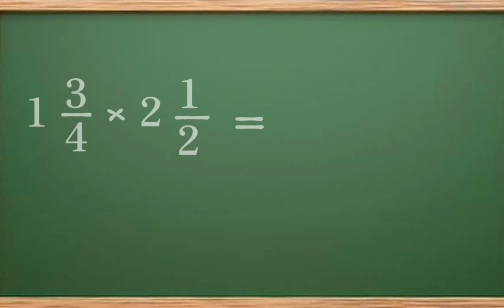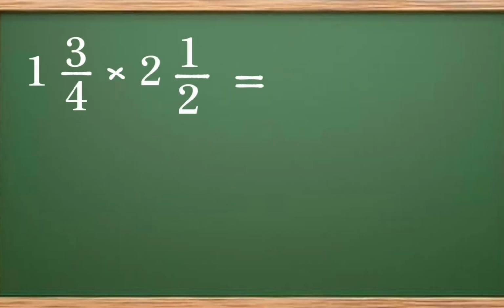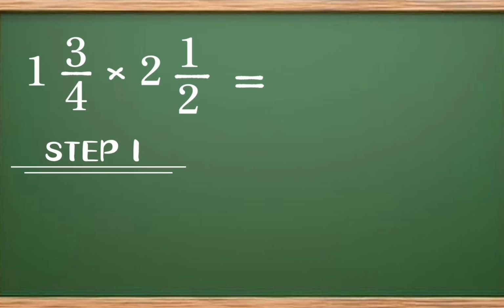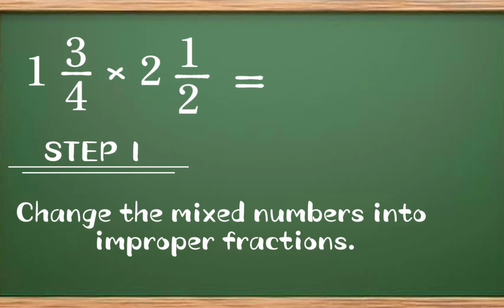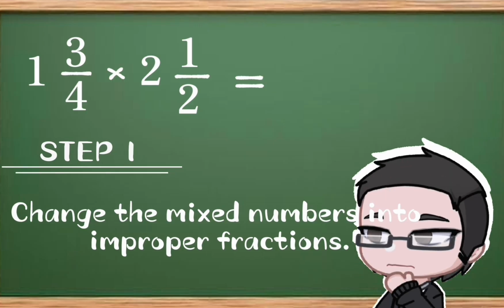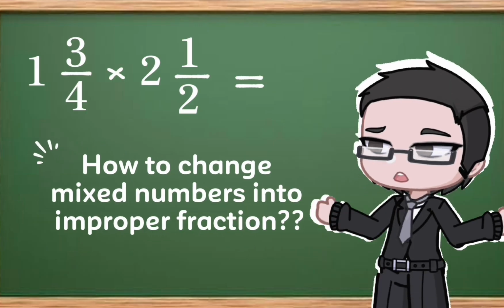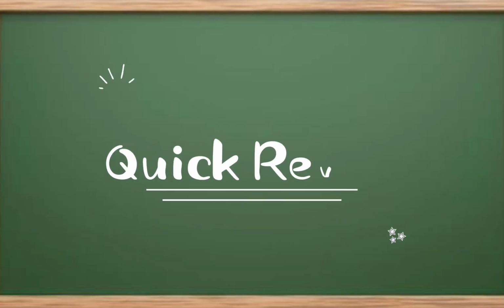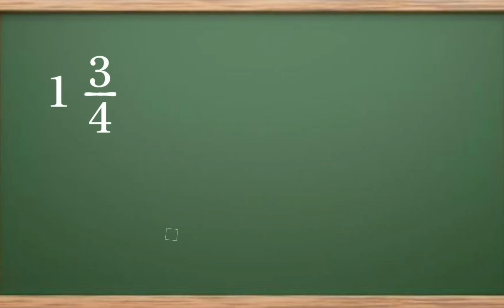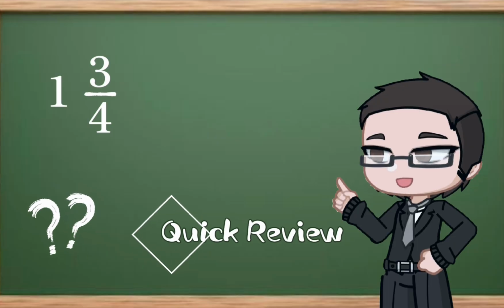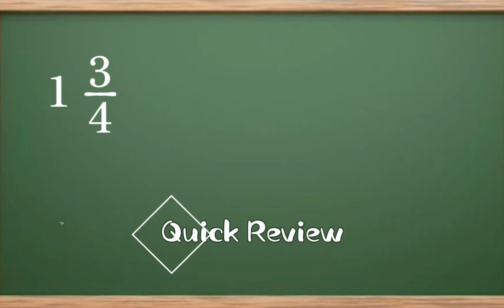Now this time, we are going to multiply mixed numbers. In multiplying mixed numbers, we need to change them into improper fractions. But how are we going to change a mixed number into an improper fraction? Let's have a quick review. To change a mixed number into an improper fraction, we multiply the denominator to the whole number. 4 times 1 is 4.